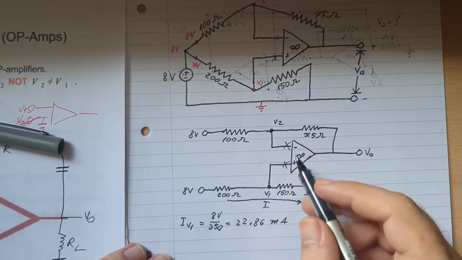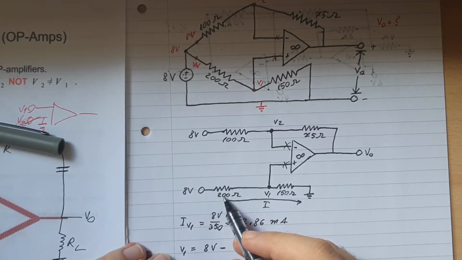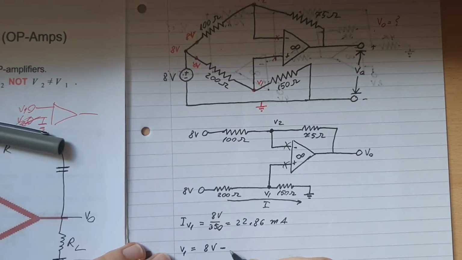Then V1 will be equal to 8 volts minus this resistance multiplied by the current, 200 times 22.86 milliamps.